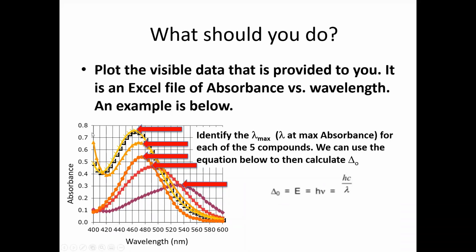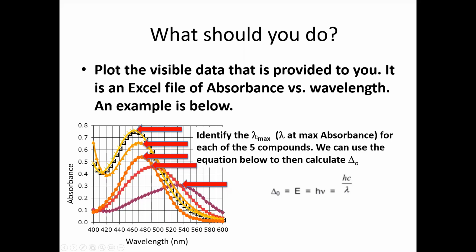Once you have that data, you need to plot it using absorbance as the vertical axis and wavelength as the horizontal axis. And then you need to identify the lambda max. So lambda max is the wavelength at which the maximum absorbance occurs, or the peak position of the wavelength.